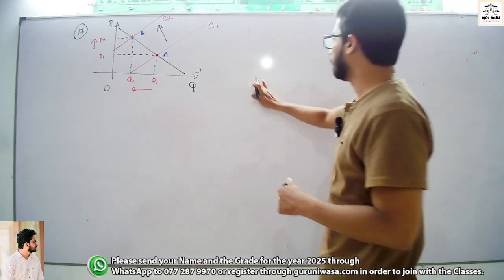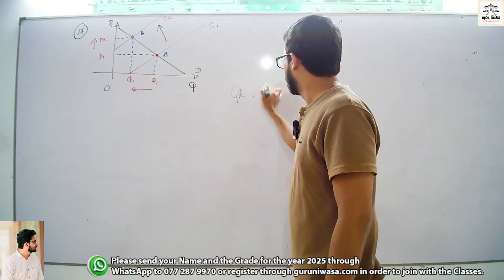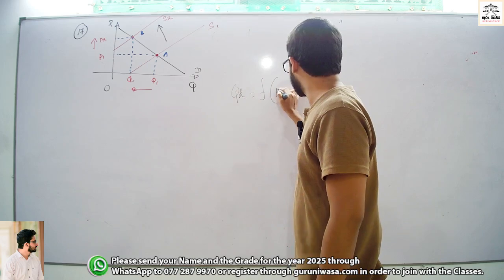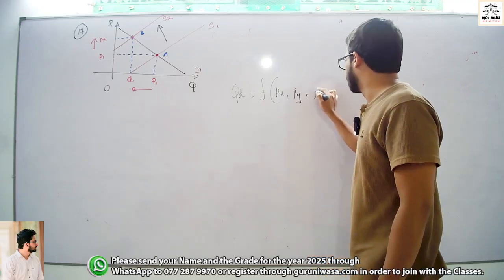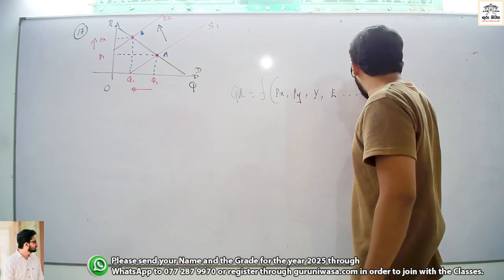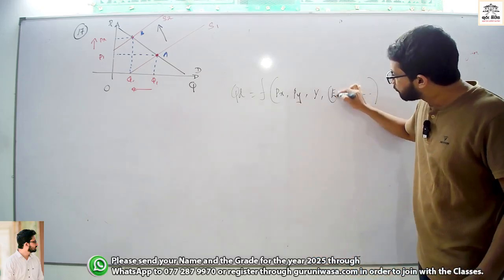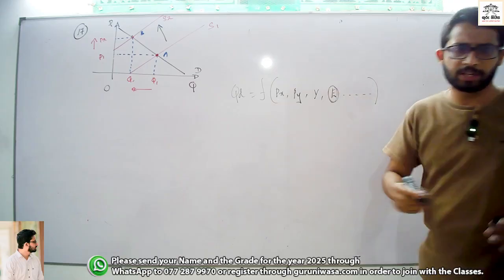Yes. These are the factors affecting demand. Quantity demanded is a function of Px, Py, buyer's income, then future price expectation. This third answer is talking about this factor, not this one. You get the point?